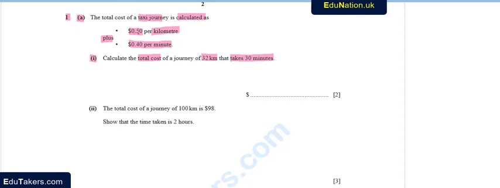It takes $0.50 per kilometer. So for 32 kilometers, multiplied by $0.50 per kilometer, plus $0.40 per minute, and it takes 30 minutes. So 30 times 0.40.